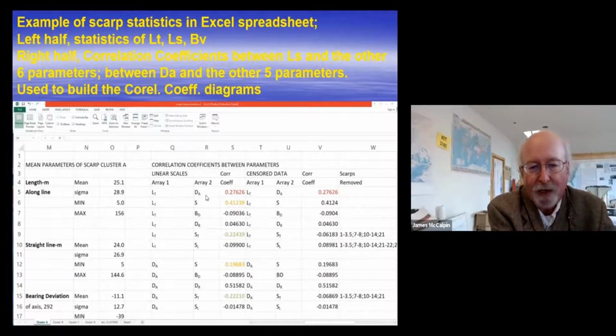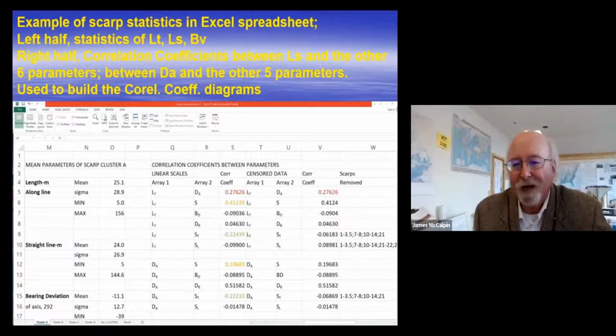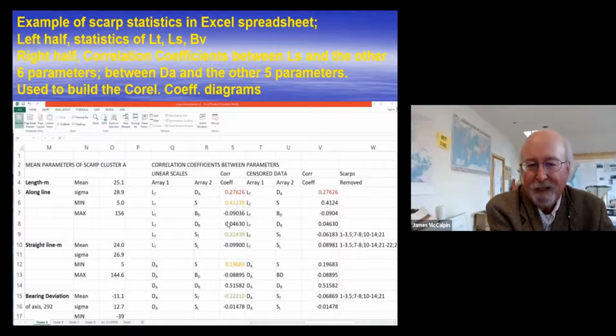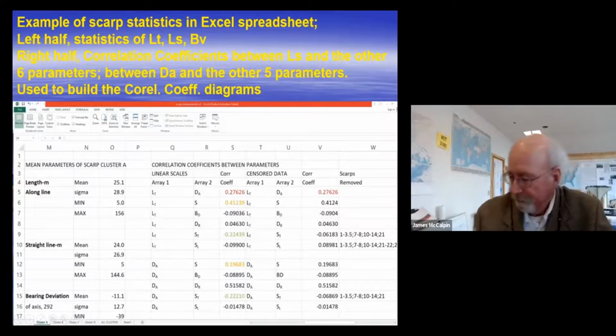So what this shows here is the correlation coefficients between the true length of the scarp and the distance to the axis, the sinuosity, the deviation and bearing, the distance to the ridge, the spacing transverse to strike, and the spacing along strike. And what I was surprised to find is that most of these correlation coefficients were fairly low. These numbers here, 0.04, 0.09, 0.08, 0.01, that basically means there's no correlation.